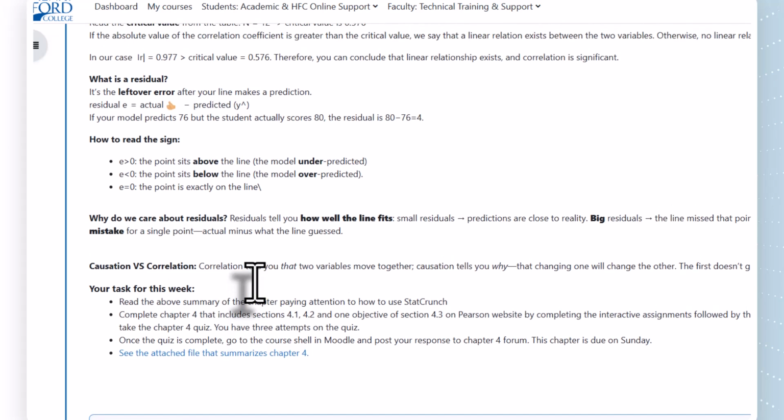So it is the leftover after your line makes a prediction. A residual is the actual value minus the predicted value. For example, if your model predicts 76 but the actual value is 80, then the residual is 80 minus 76, which is 4. If r, the correlation coefficient, is very high, then you expect your residuals to be very low, which is a good thing.